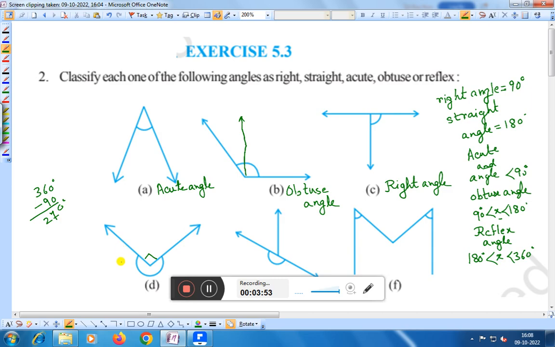Then this angle is 270 degree. That means this is greater than 180 degree but less than 360 degree. Therefore, it is known as a reflex angle. Question D is reflex angle.